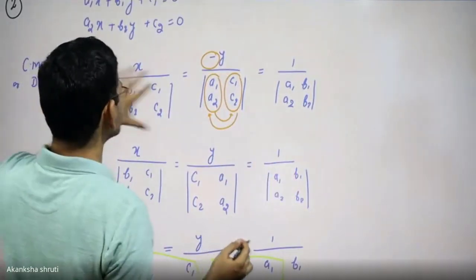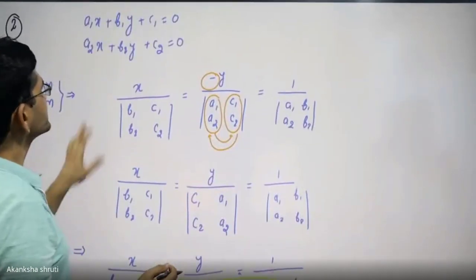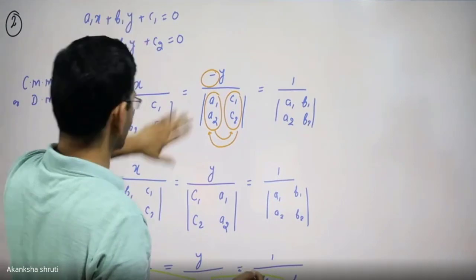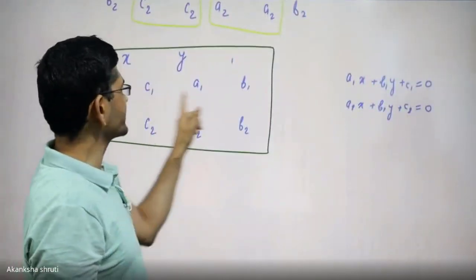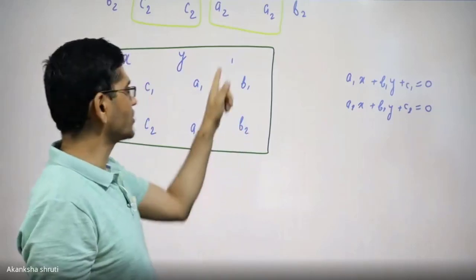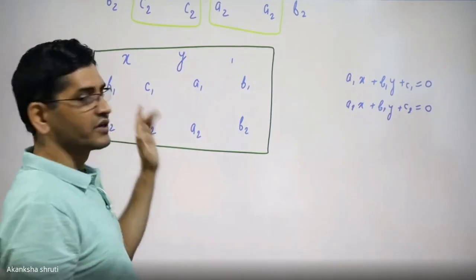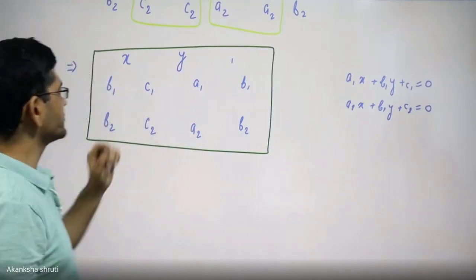But I always prefer this way, which is the very basic, nothing to mug up, just use the rule of determinant, and in one step I am getting everything. Here also in one step you are getting everything. But many a time we commit mistakes in writing these coefficients, because once their order is missed in this, you will surely get the wrong answer. So order is very important.